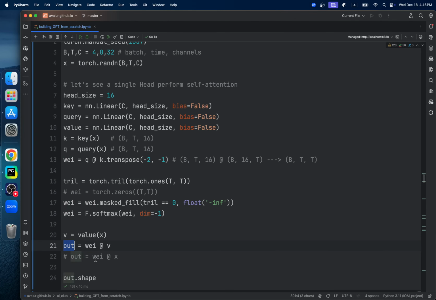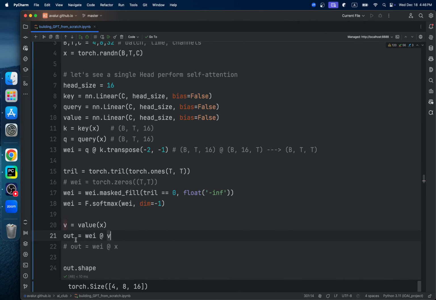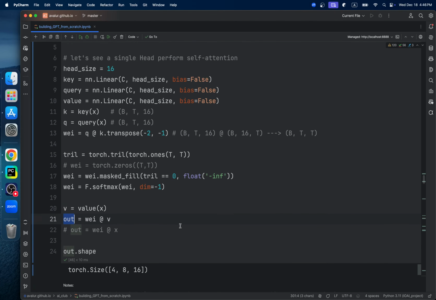Essentially the output is a matrix multiplication of weights and X's, but here we introduce the third linear layer of the attention mechanism, the value layer. You see we again use a linear layer which projects C to a head size vector, and then we multiply the matrix of weights with the values, and this is the output of the attention head.